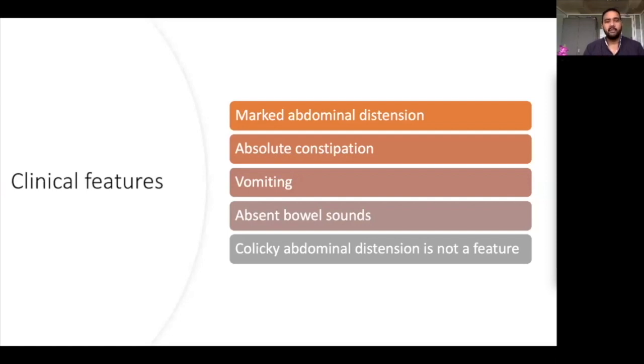That is why people develop colicky abdominal pain. When the simple intestinal obstruction becomes a strangulated intestinal obstruction, the colicky abdominal pain will become a continuous pain, right? But when there's paralytic ileus, because there's no peristalsis, the colicky abdominal pain is not there.